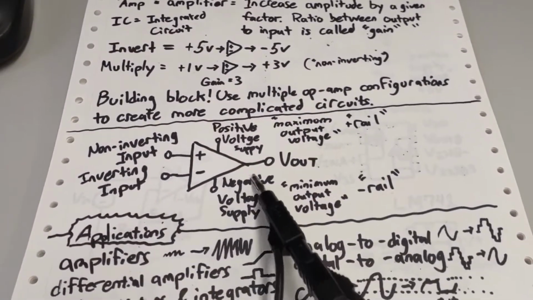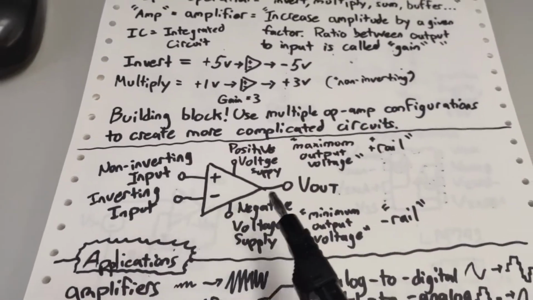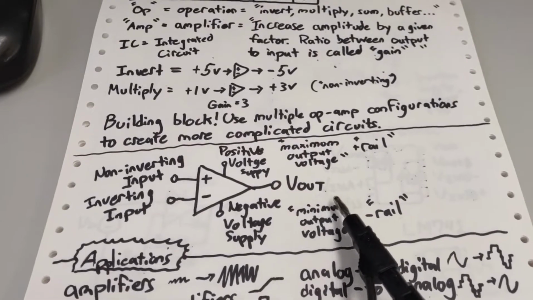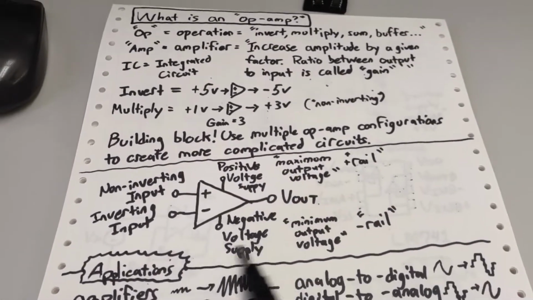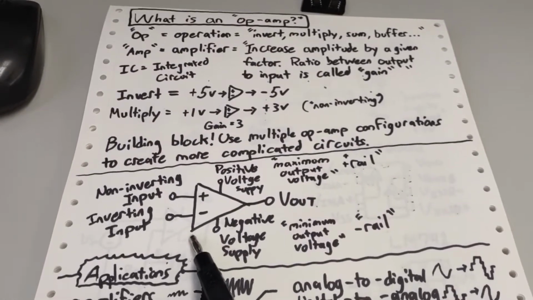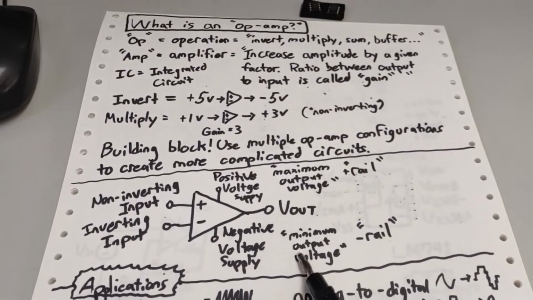You would take your op-amp, which is this thing, and then set it up with resistors, capacitors, and other passive components to create the type of application that you need. So there's different ways to set up an op-amp to get your desired operation or desired amplifier.